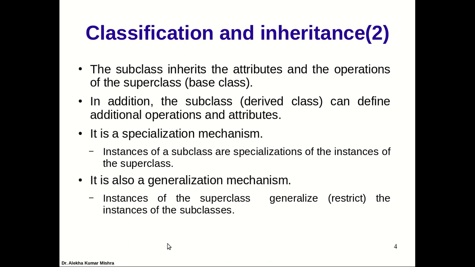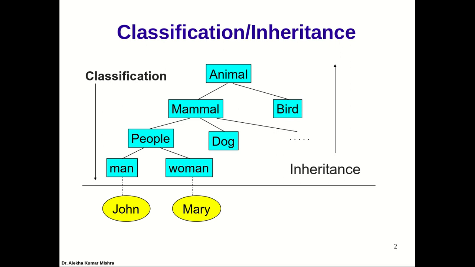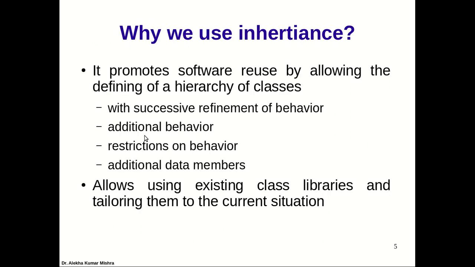You take John and Mary, they are instances of the subclasses. When we say men and women are inherited from the class people, we can say that John and Mary are generalized by the class people. So it is also a mechanism of generalization.